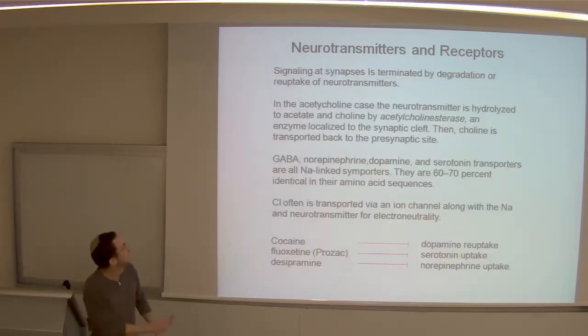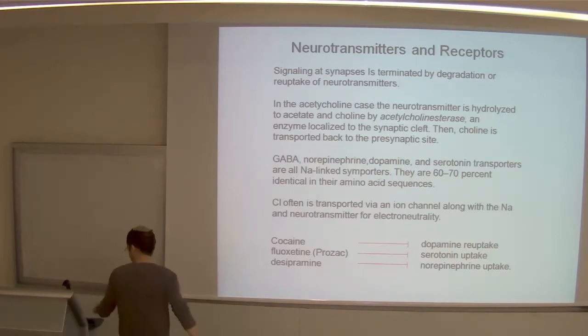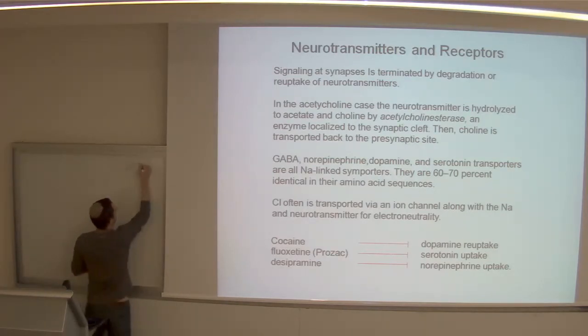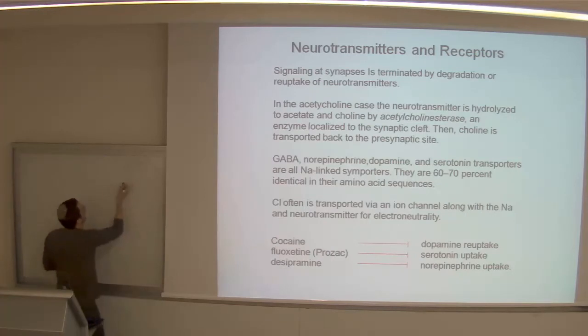Okay, so the neurotransmitter was secreted to the synaptic cleft, and as long as it is there, it transmits a signal. And when a neurotransmitter meets its receptor, you have to think about the interaction or the binding of the neurotransmitter on the receptor as a chemical equilibrium.